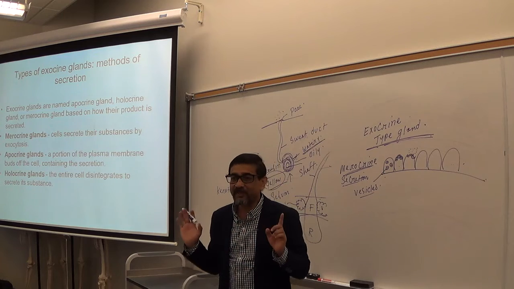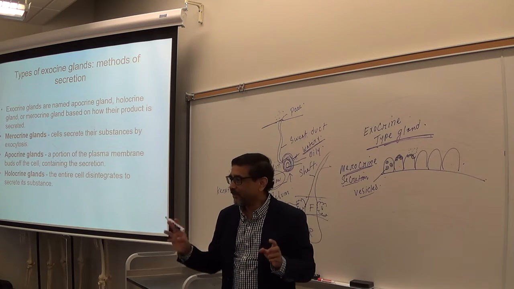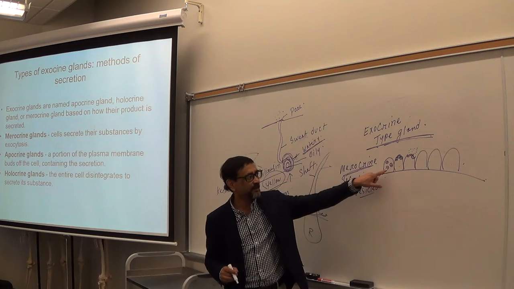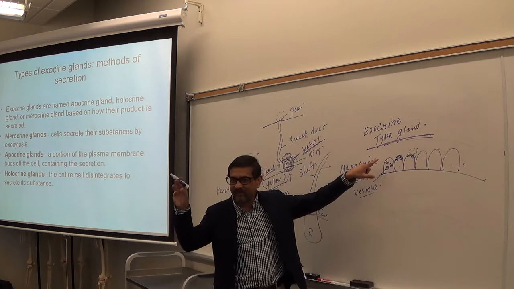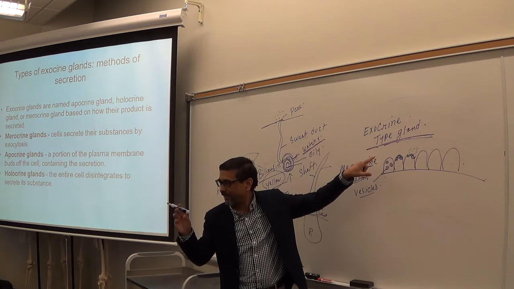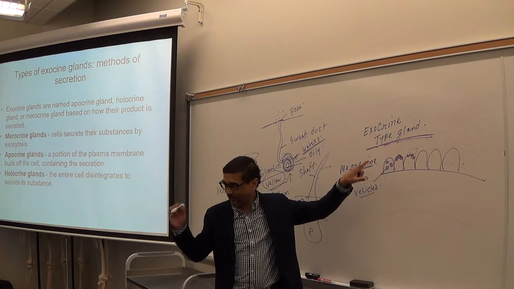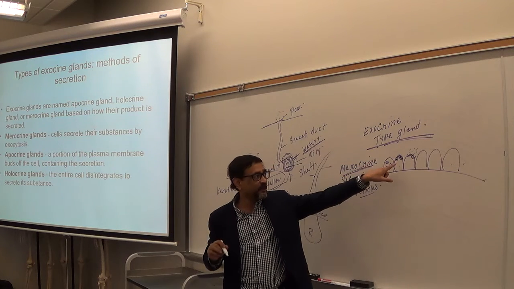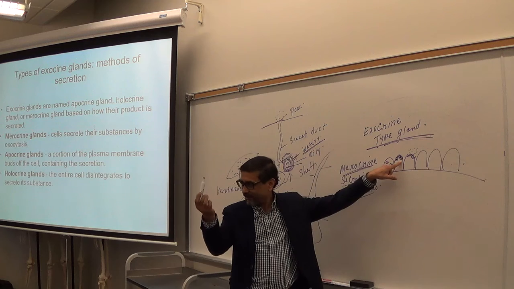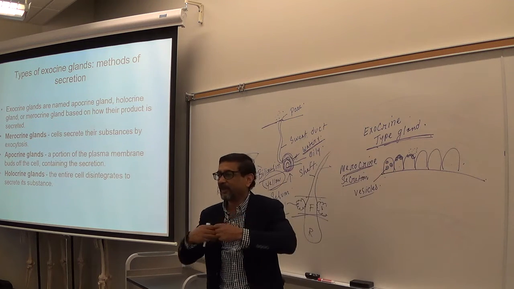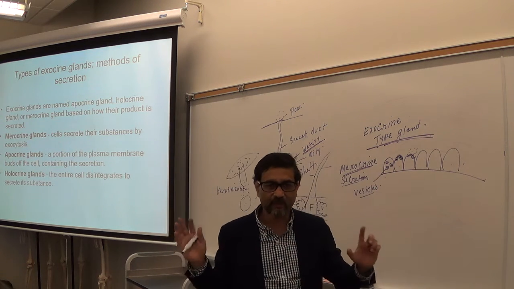So a couple of things you have to remember in case of merocrine. First is called what? Vesicles, right? The membranous balls will be formed and they will get filled with chemicals, right? And then vesicles will move where? To the upper end of the cells and will do exocytosis, rupture, to release the chemical.